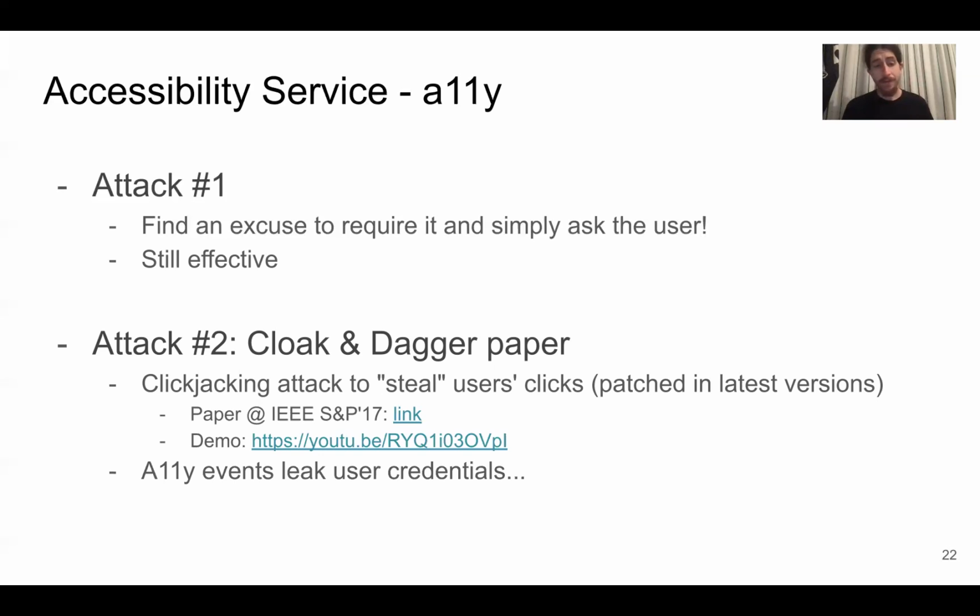The second thing we found in the paper is that there was a way to leak the user credentials. Documentation said if you mark a field as a password, you shouldn't be able to see the password, but we found a way to actually get it. Again, I'm going to go into the details later on how we did it. The mini spoiler is that sure, you don't see the password, but whenever you enter the password, you're interacting with the keyboard.